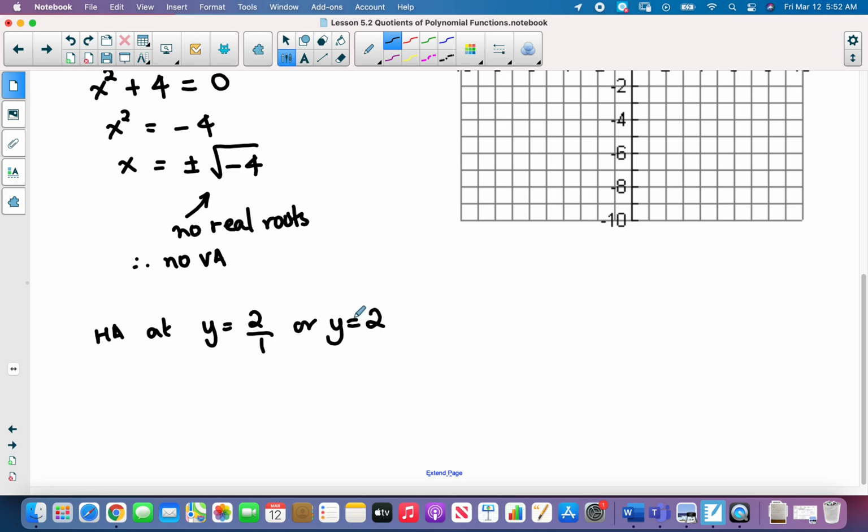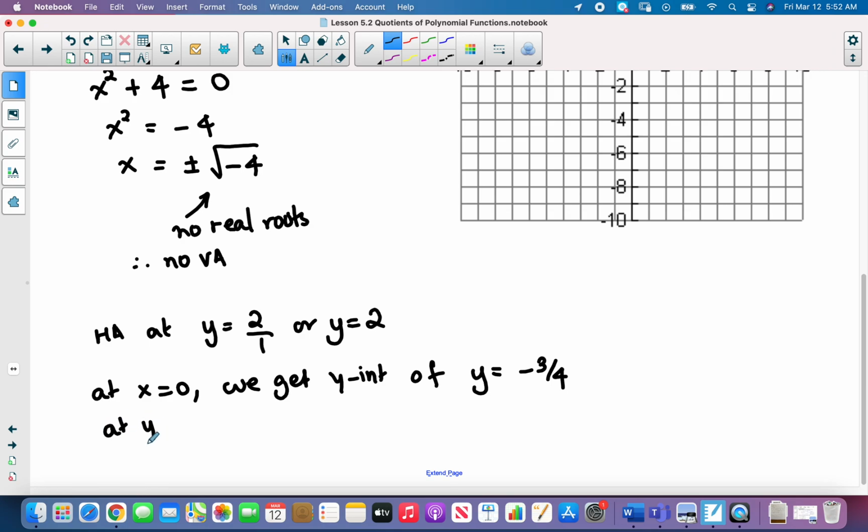And then you can also find some points to sketch the graph of this function. Let's say at x equals 0, we get the y-intercept of y equals negative 3 over 4. And then at y equals 0, we can find the x-intercept.